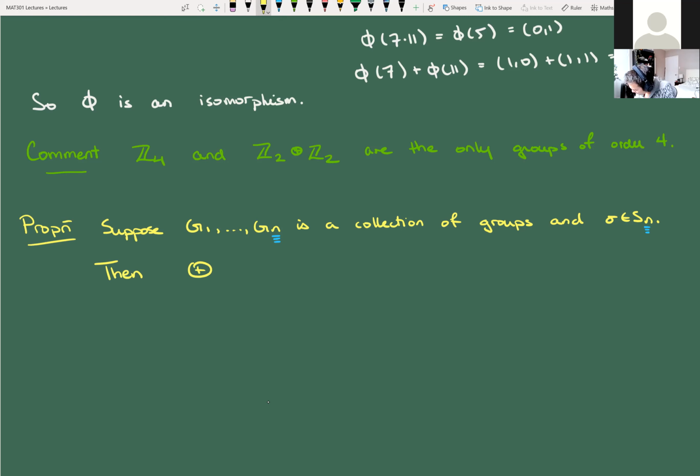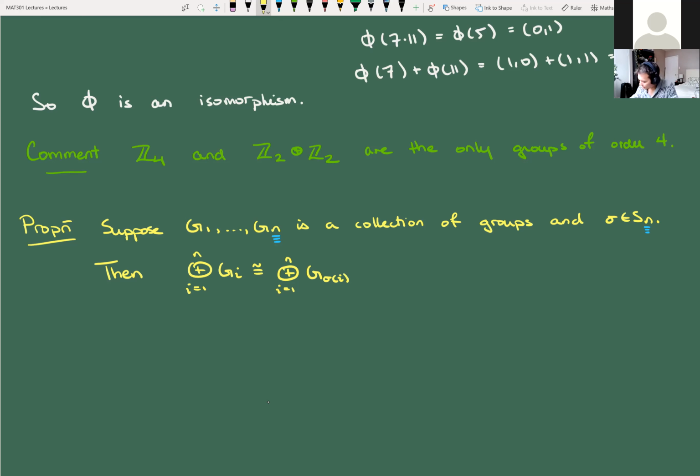Then this is true. Okay, and it might take you a second to parse through that, but I don't think it's too terrible.